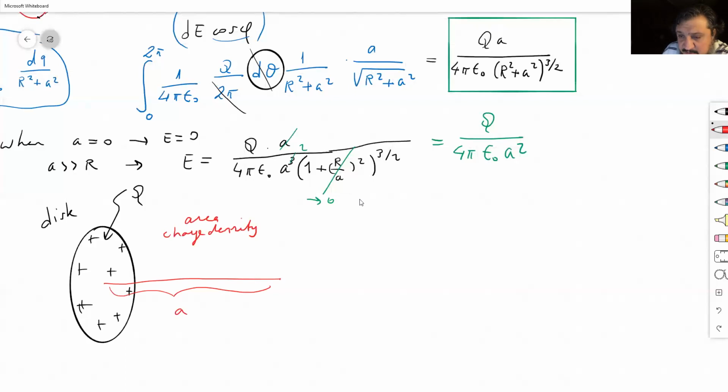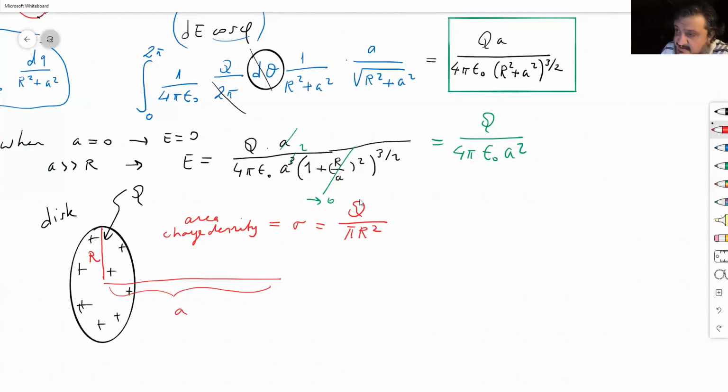It's a uniform distribution, therefore sigma, that's what it is equal to, total charge divided by the area of the disk. Now I use r here. This r is the radius of the disk, okay? Pi r squared becomes the area. So q over pi r squared is the charge density. Good.